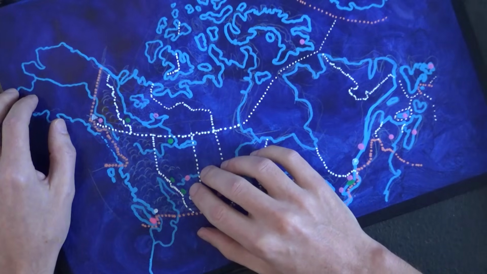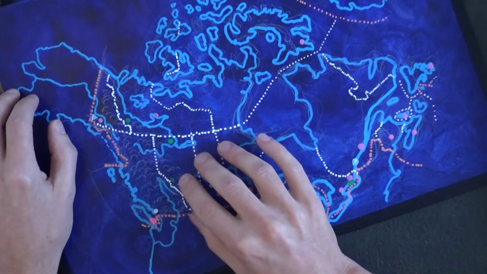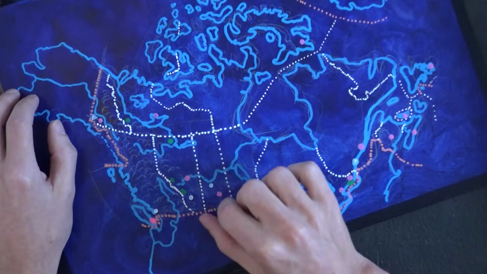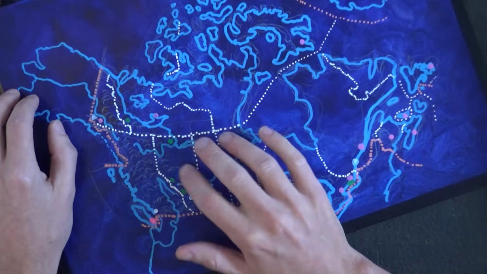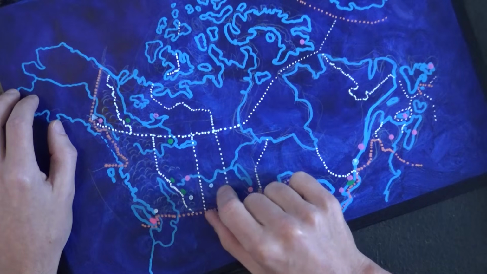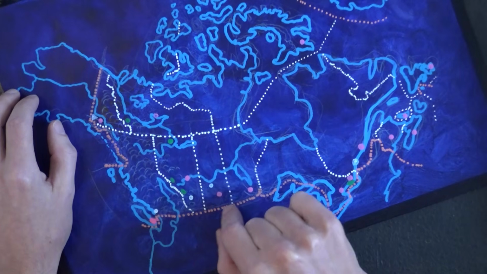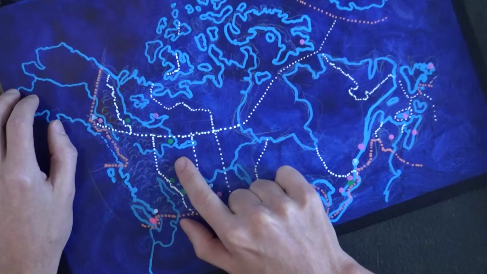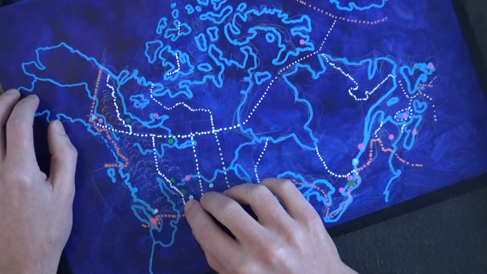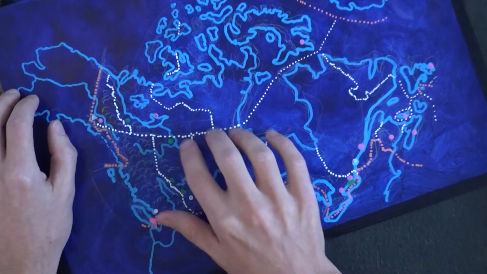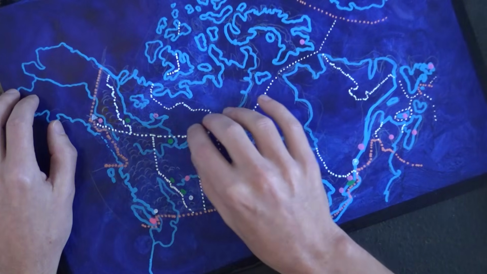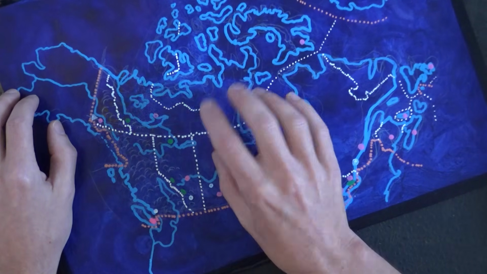And then we have the prairies. The prairie provinces are Alberta, Saskatchewan, Manitoba. But it's also the forested part. There's a lot of forests here, boreal forests.